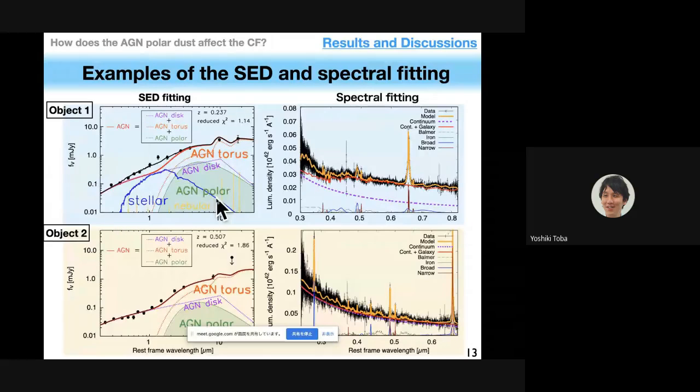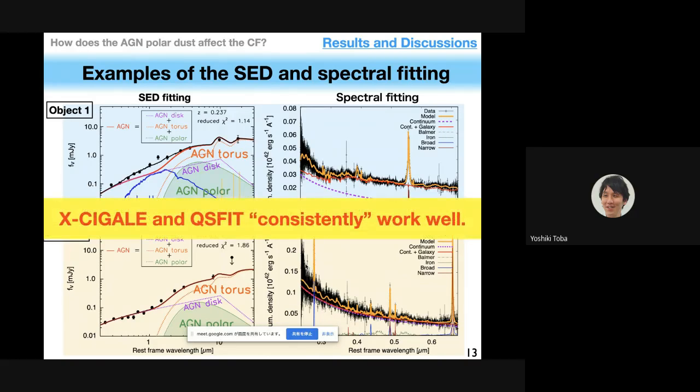I mean, we require this blue stellar component. At the same time, SED and spectral fitting of object 2 consistently indicate that the host galaxy component can be negligible for object 2. So in short, we conclude that X-CIGALE and QSFit work consistently very well.